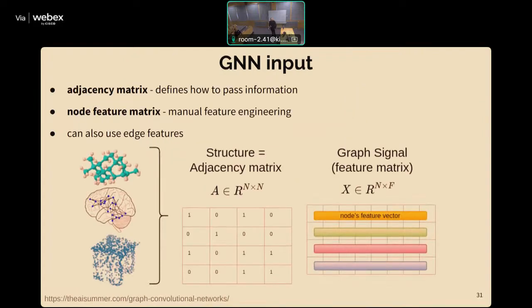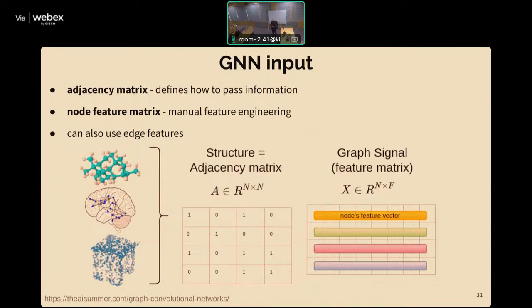Actually, input to graph neural networks does require manual feature engineering. This is pretty different from typical neural networks, where you just put in the image and don't care. Here you pass the adjacency matrix, which defines the graph structure, and you also have this feature matrix for nodes. So you need to extract features for nodes yourself.